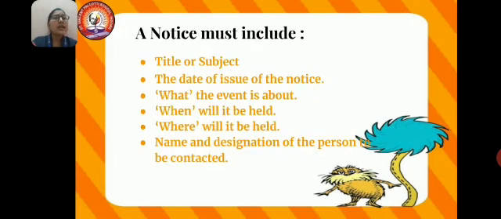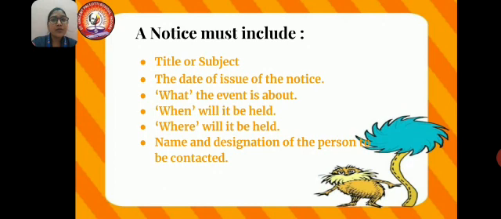Then what is the format of a notice, or what are the things that should be included in a notice? First of all, the notice begins with the title or subject, meaning what the notice is about. So that will be the first thing. Second, the date of issue of the notice, the date on which we are writing the notice.